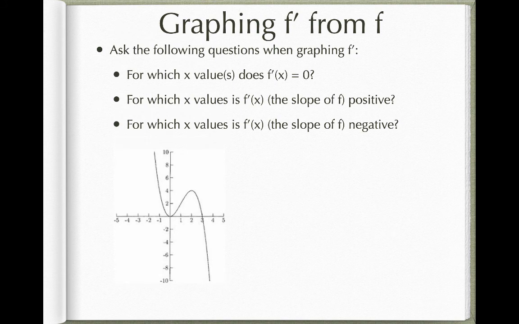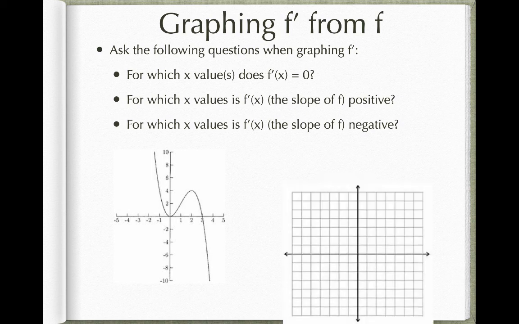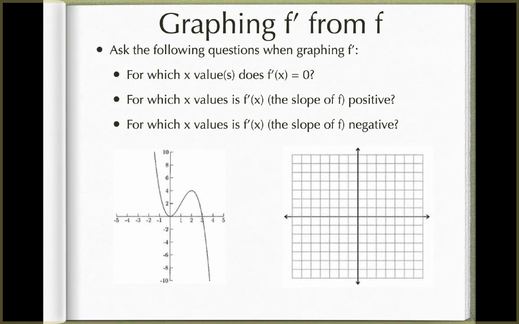So here we have a cubic function, and we want to graph f prime from f. So we're going to graph f prime of x over here from our f of x graph.